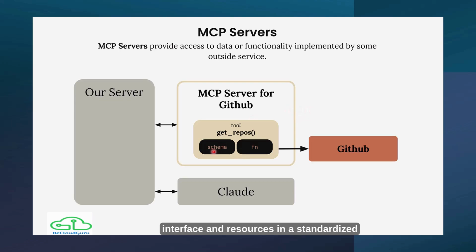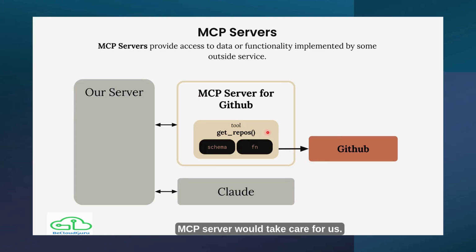In our GitHub example, the MCP server for GitHub contains tools like get repo and many others which we saw on the previous slide, and connects directly to GitHub APIs. Now our server communicates with the MCP server, which in turn handles all the GitHub specific implementation details. So we need not write, maintain or test these functionalities. The MCP server would do it for us. If there is any change in the GitHub features and something new has been added or updated, the MCP server would take care of it for us.